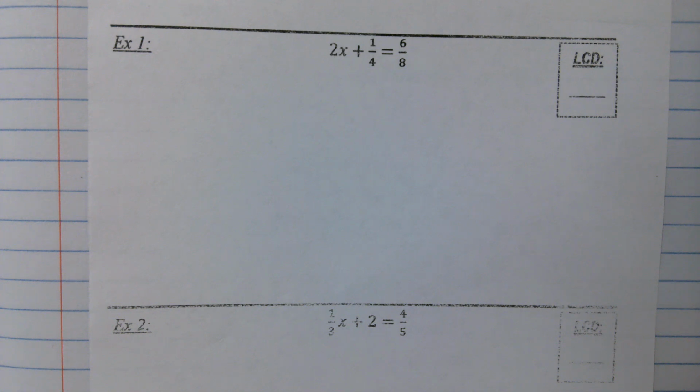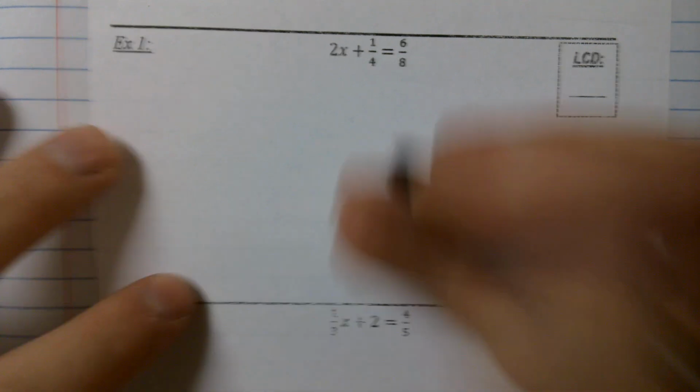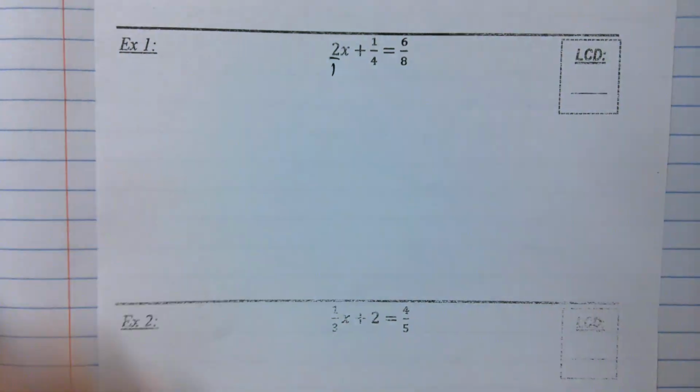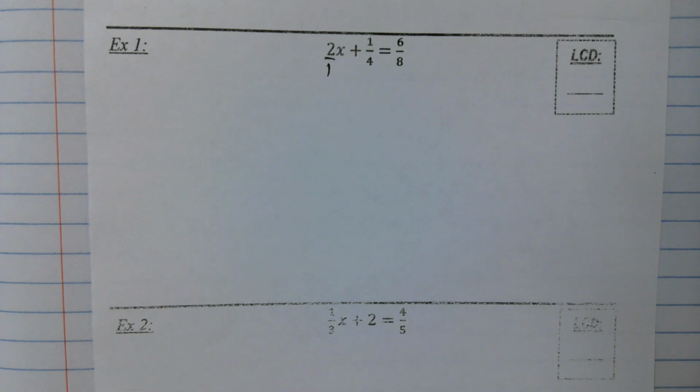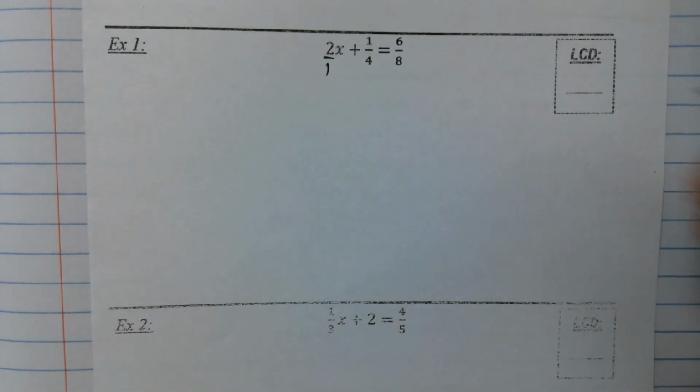All right, for this first example, what's the very first thing I want to do? Put a 1 underneath the 2, so 2 over 1. Exactly right. Now I've got 1, 4, and 8. What's my LCD? 8.